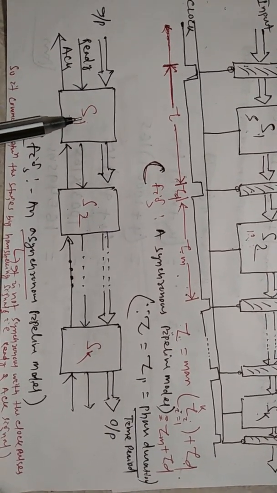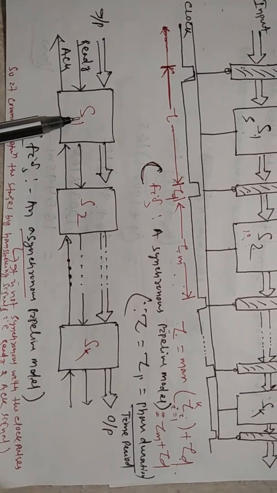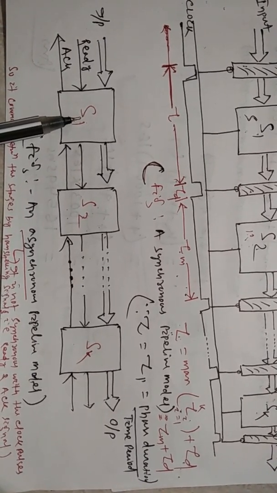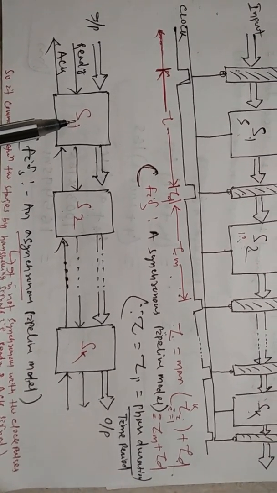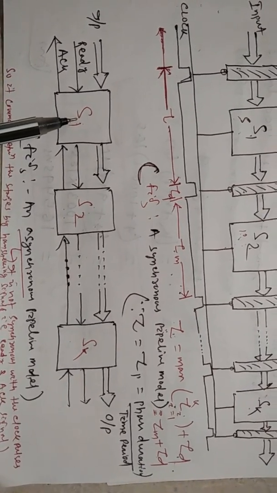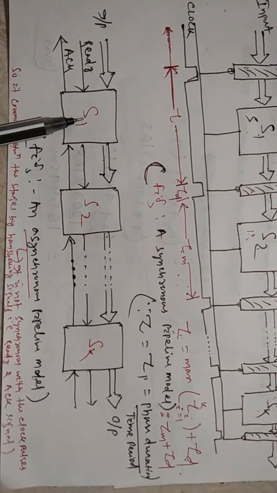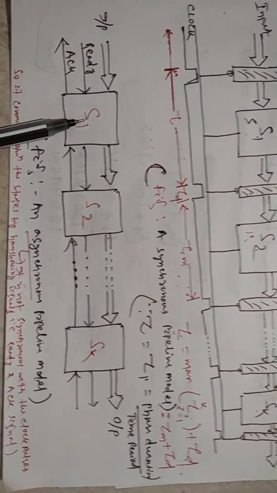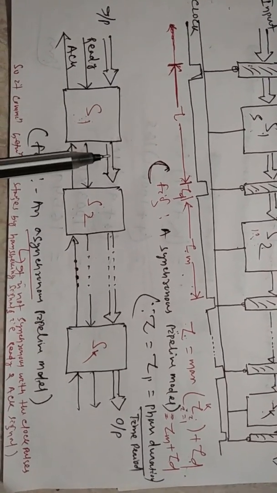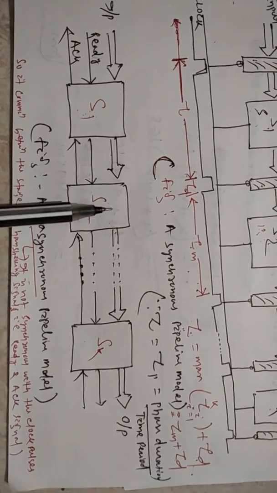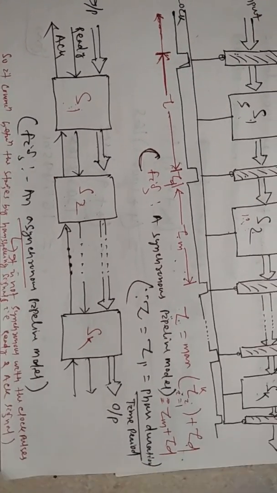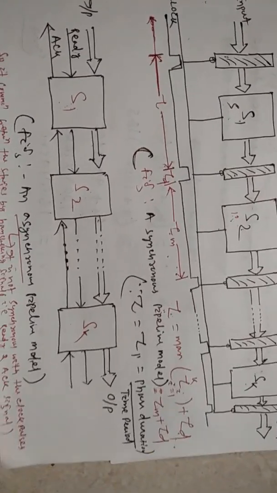When the previous phase gets the acknowledgement signal, that yes, the next stage is ready to receive my output as input, it sends its output with the help of this bus as an input to the next phase. So this is all about your asynchronous pipeline model.